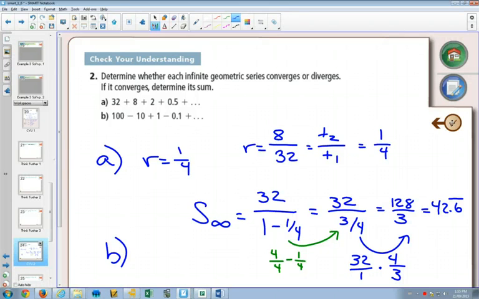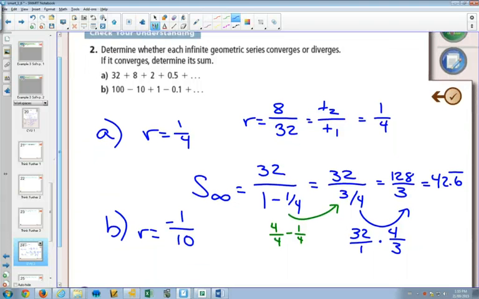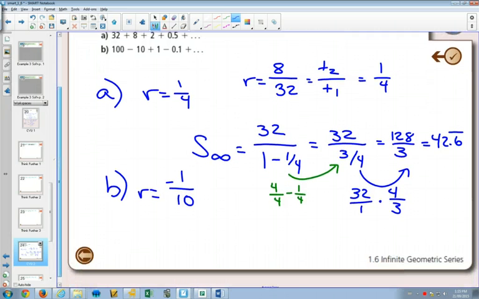Awesome. The second one, for part B, what is our R value? Negative 1 over 10. Will that converge or diverge? It is between negative 1 and 1, so this one will converge as well, and we will be able to figure out the sum to infinity.